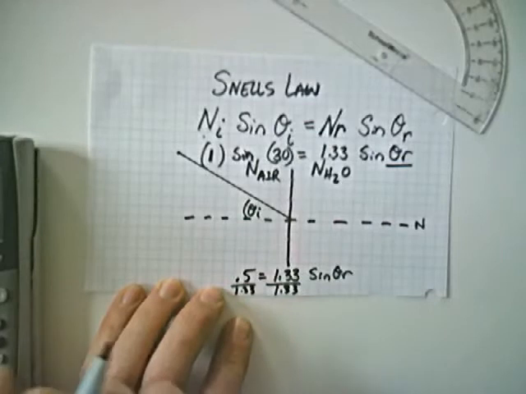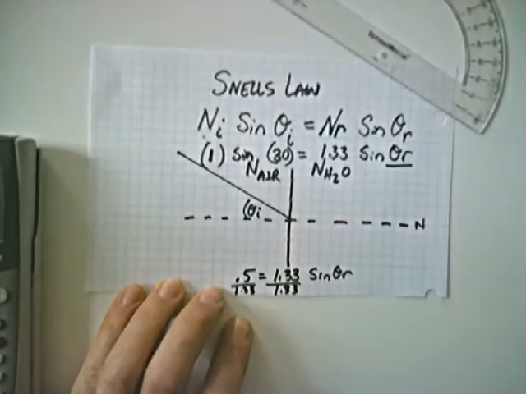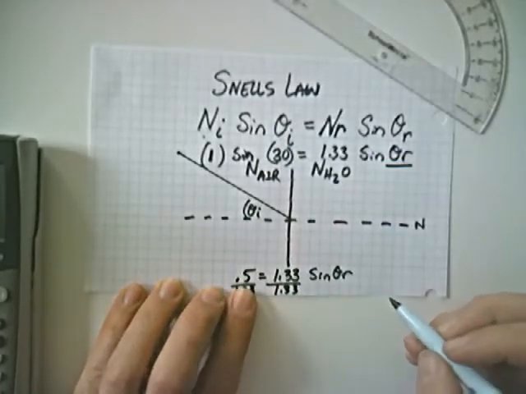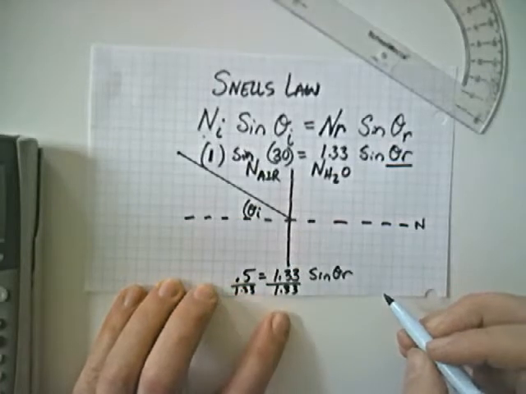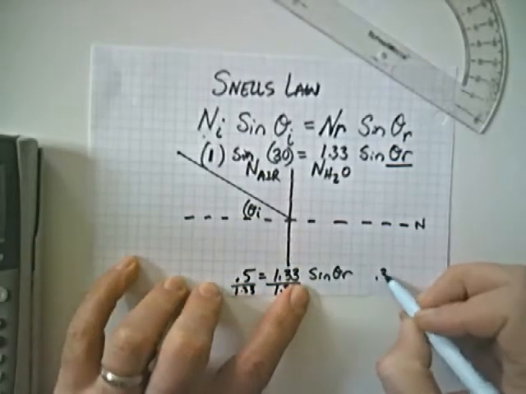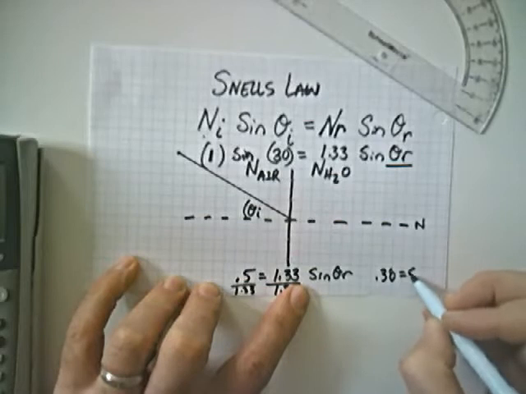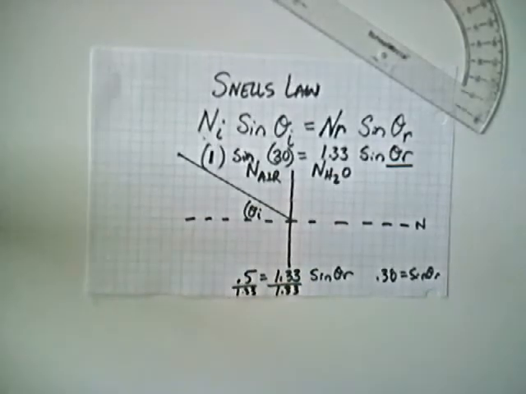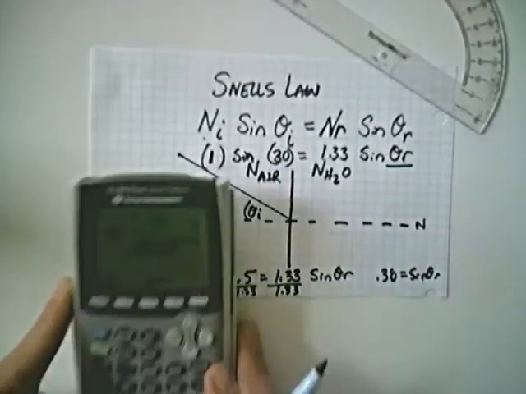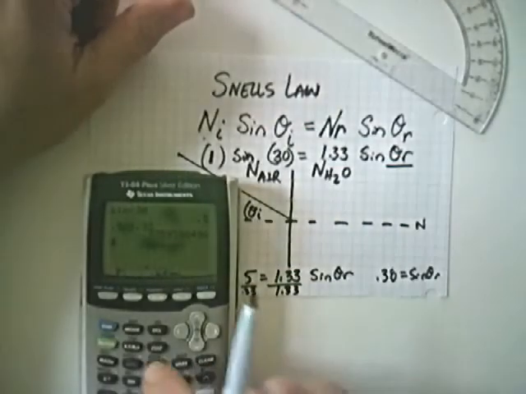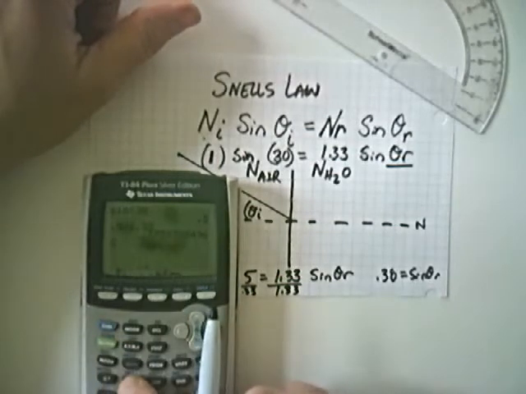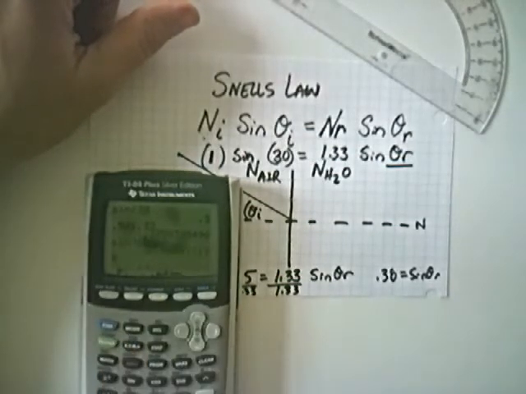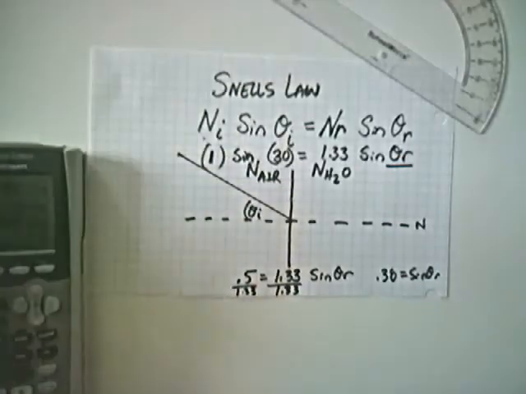So 0.5 divided by 1.33 gives me 0.38. So 0.38 equals sine theta R. So then I'm going to take the inverse sine. So take the answer you just had and press second sine, and then put that answer in there, and you're going to get the angle.